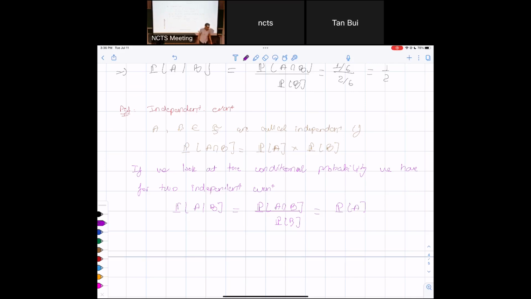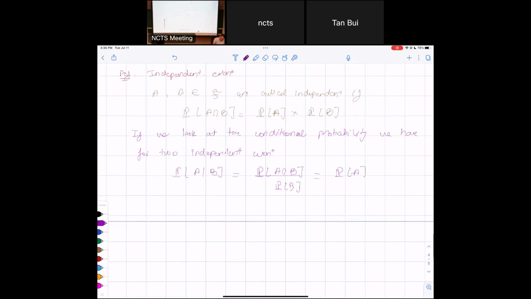So we conclude that if the two events are independent, then P of A given B is actually P of A.